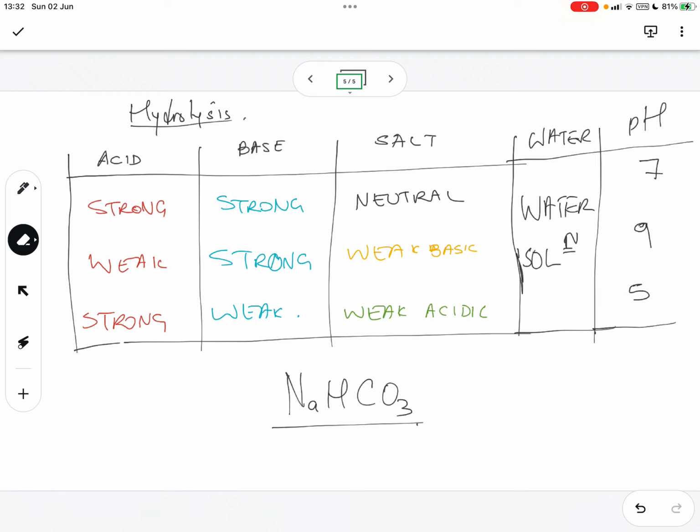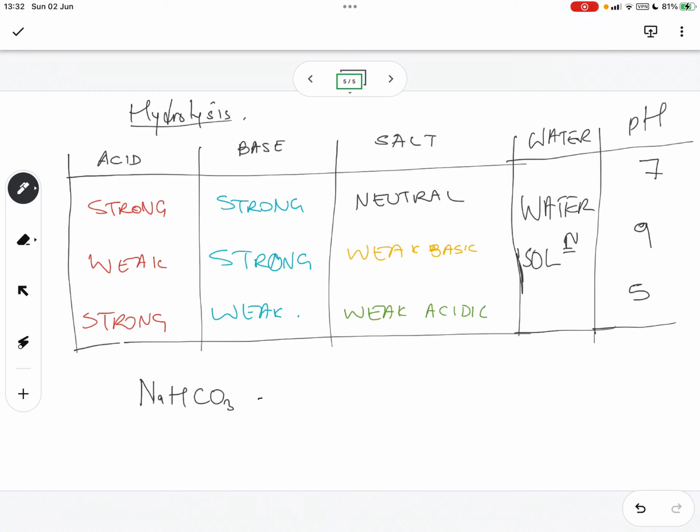Okay, so the salt sodium hydrogen carbonate becomes hydrolyzed. It reacts with water, ne? Or should I rather say, yeah, this one becomes NaHCO3 plus H2O, ne?